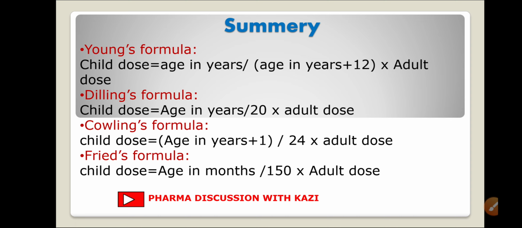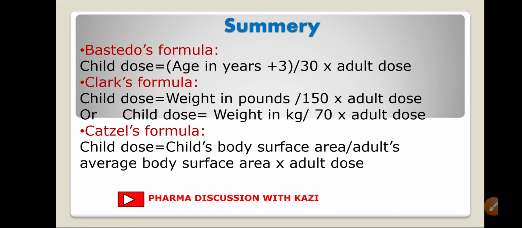According to Cowling's formula, child dose equals age in years plus 1 divided by 24 into adult dose. It can also be expressed as age in years at next birthday divided by 24 into adult dose. According to Fry's formula, child dose equals age in months divided by 150 into adult dose.